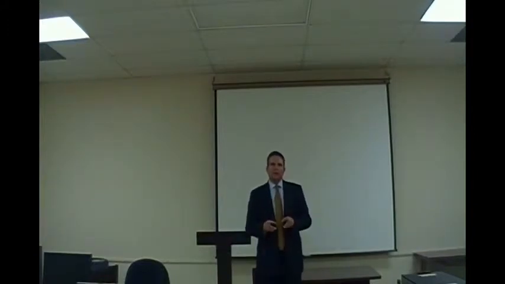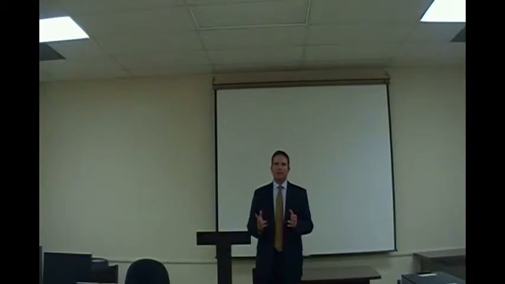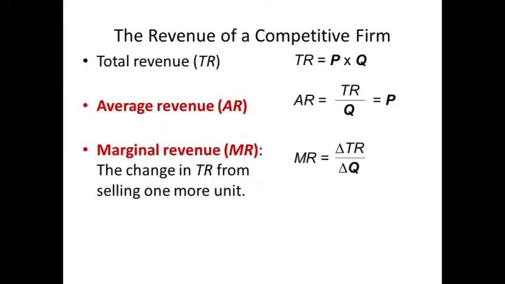So first, let's look at the revenue of a competitive firm. What is the average revenue? The total revenue from the sale of the output is equal to the price times the quantity. So the book's definition of the average revenue is total revenue divided by the quantity sold. Then we look at marginal revenue.